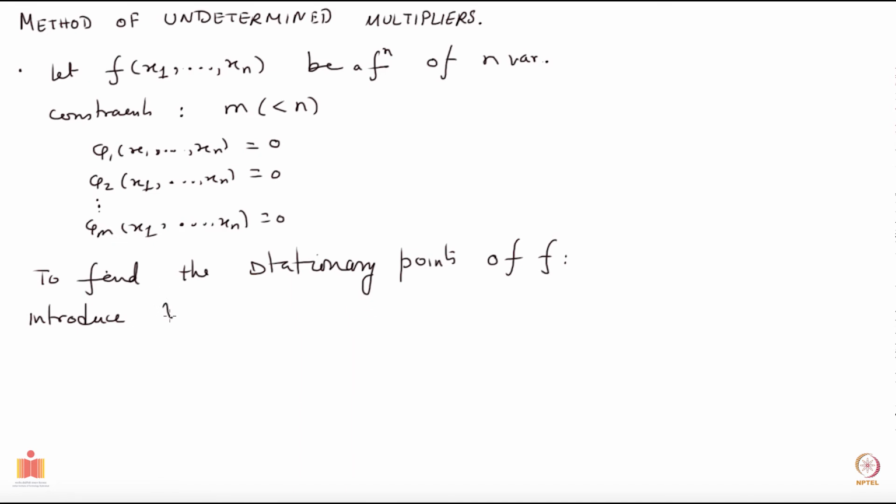Let me denote them by lambda 1, lambda 2, and so forth up to lambda m, a total of m multipliers. That's step 1: you introduce these multipliers.